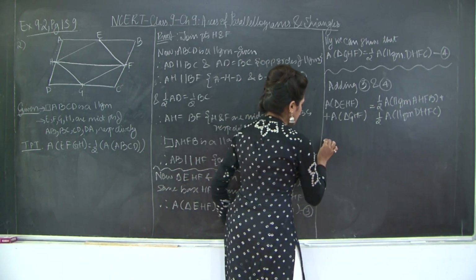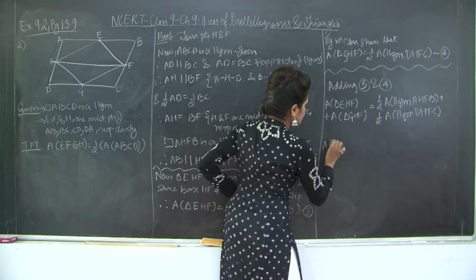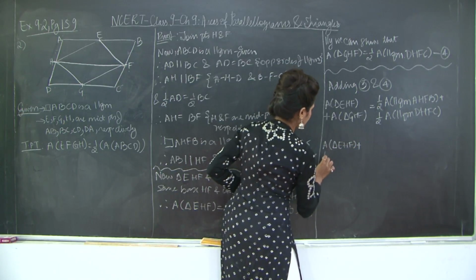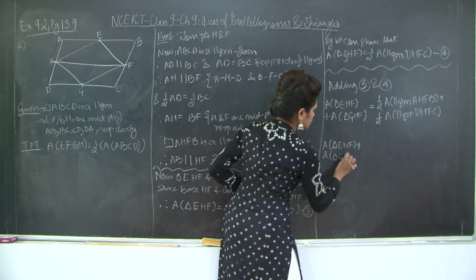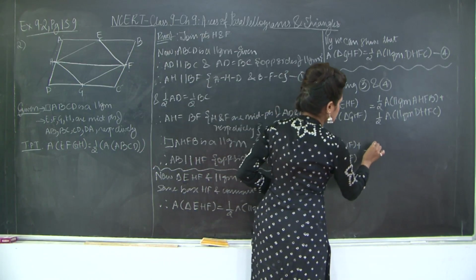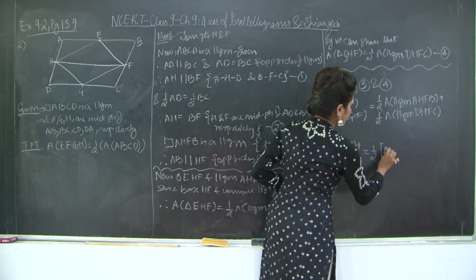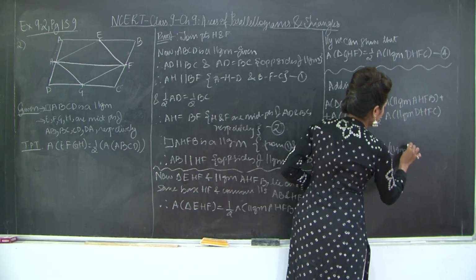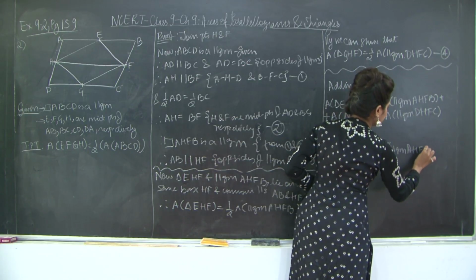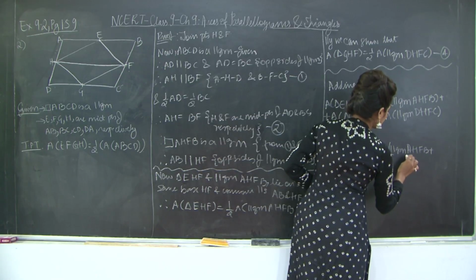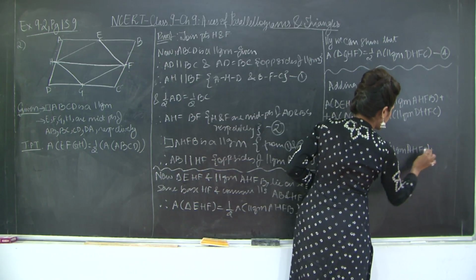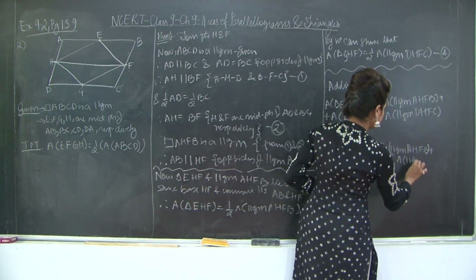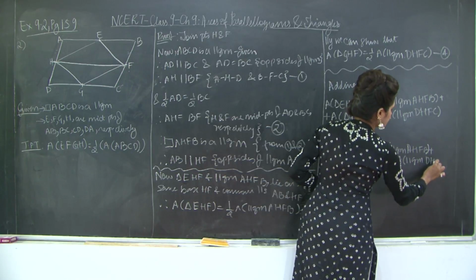So, I will say area of triangle EHF plus area of triangle GHF is equal to half area of parallelogram AHFB plus area of parallelogram DHFC.